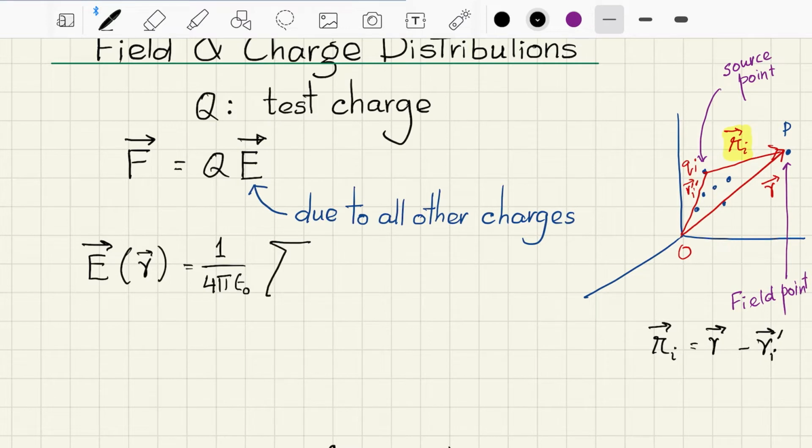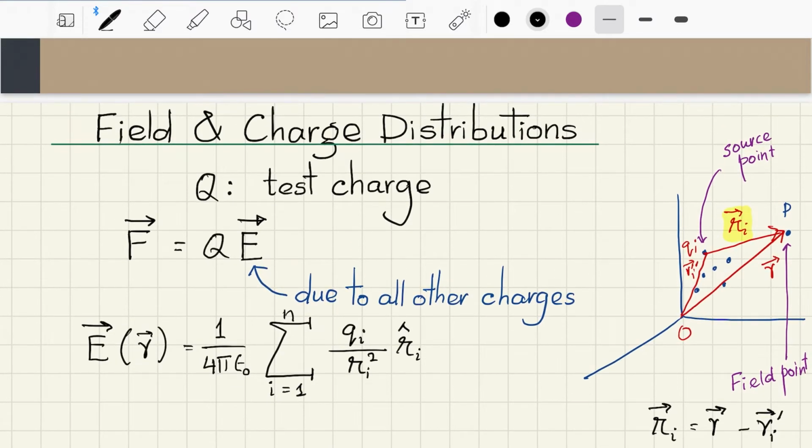So this is just the sum over all of the charges: Qi by curly Ri squared, Ri hat, with i going from 1 to n. And Q is the test charge.